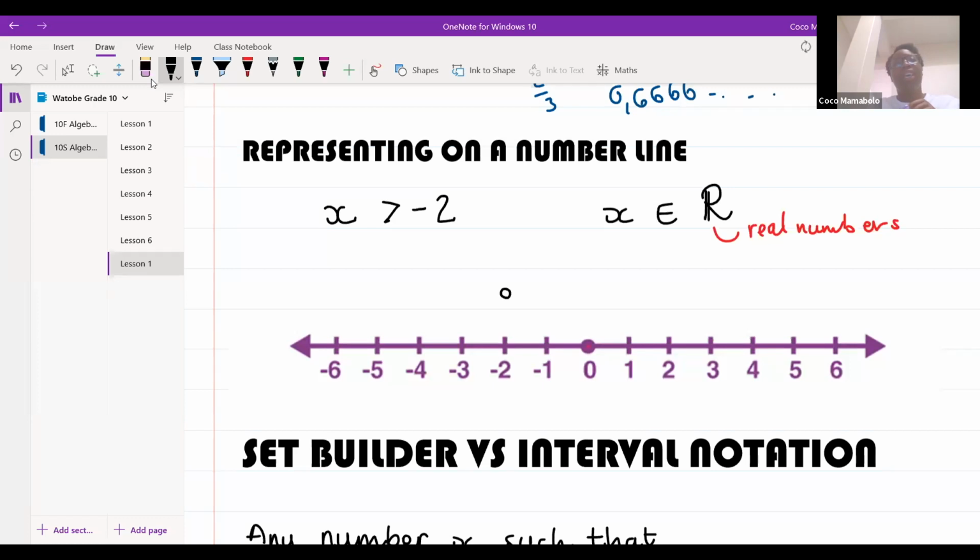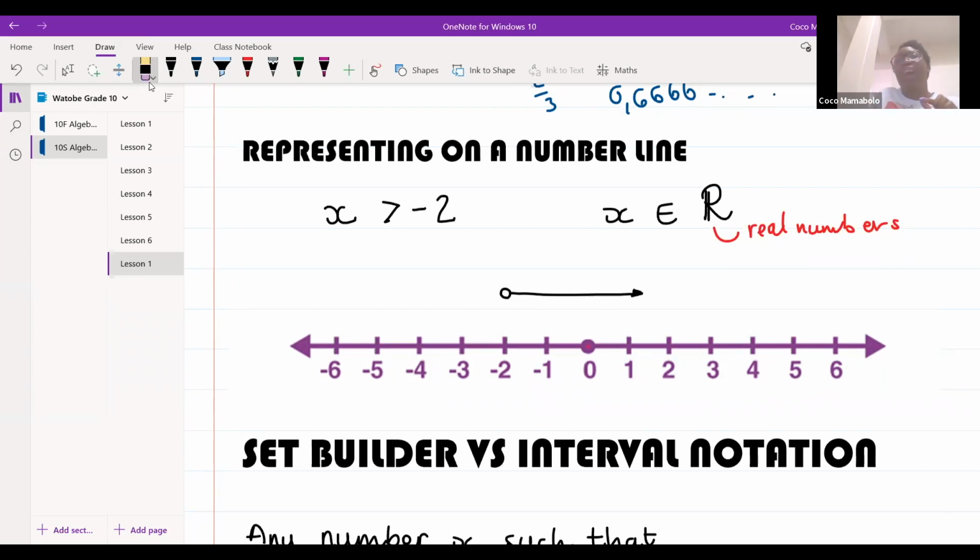And because x is greater than -2, we draw a line going that way. Do you see now how we don't have dot after dot after dot? It's because for real numbers, everything in between is included as well. So we draw a solid arrow.